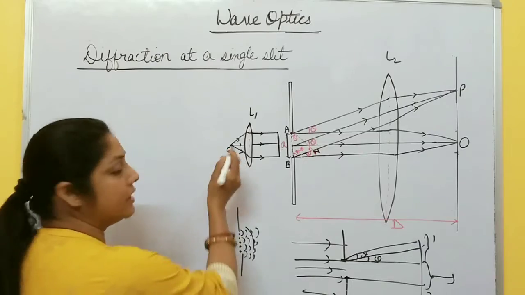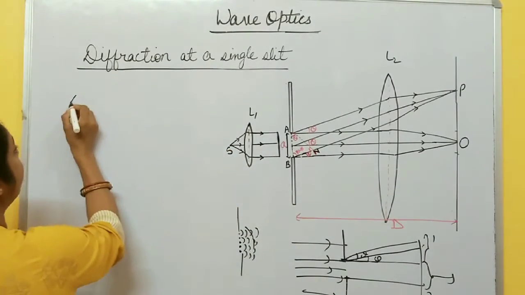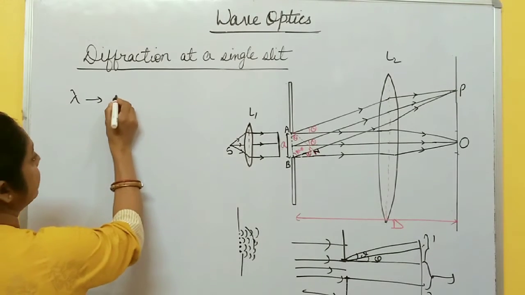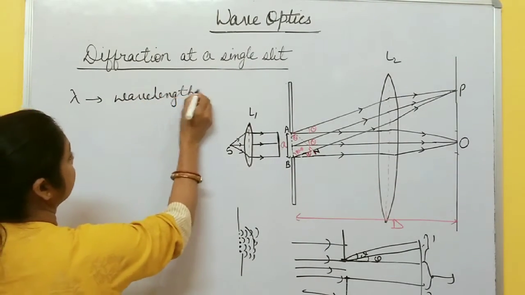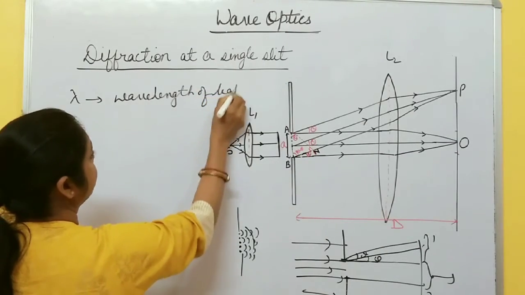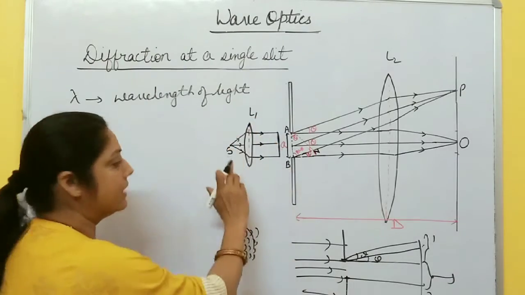Suppose this S is a monochromatic source of light of wavelength lambda. Let lambda be the wavelength of light used, a monochromatic source, and it is placed at the focus of this lens L1.